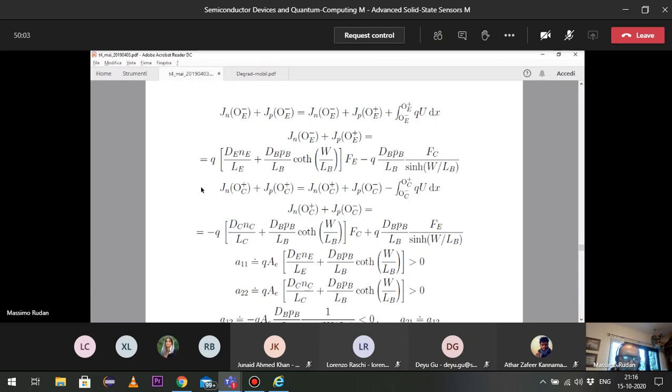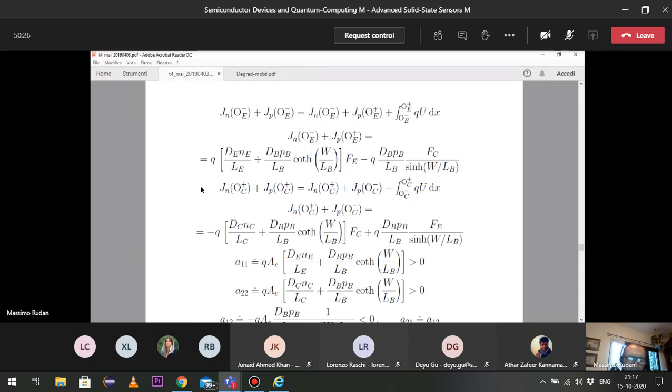Then we do the same on the other side, in the collector. In the collector, the total current density is, of course, the total current density of the collector. So eventually this operation will provide us with the current of the collector.